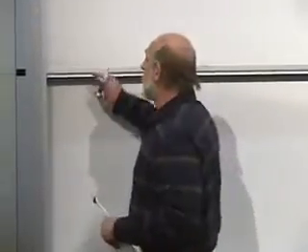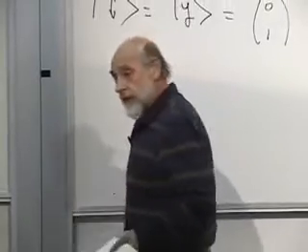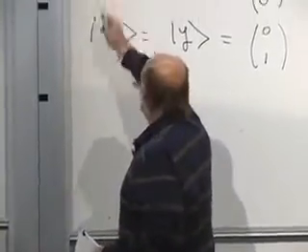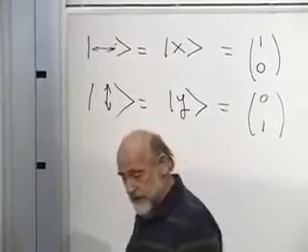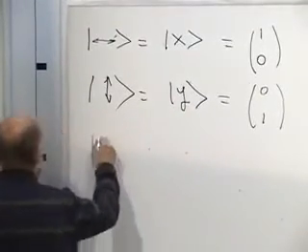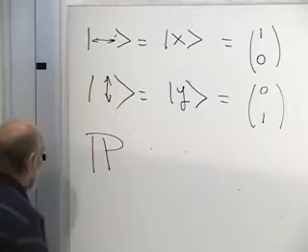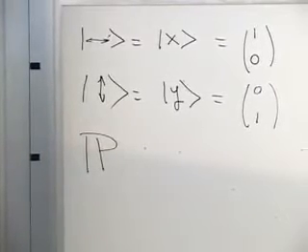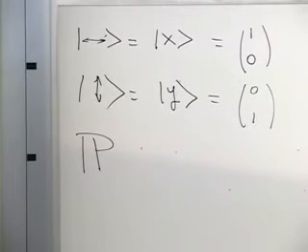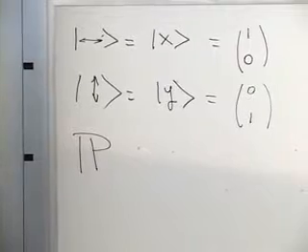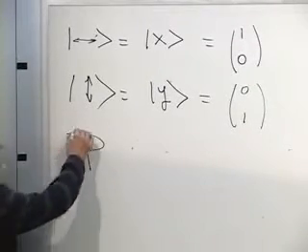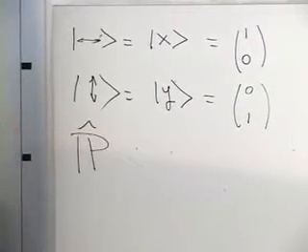Let's define an observable quantity by the following rule. If the photon is horizontally polarized, we're going to write this funny P here, which represents polarization, and it's going to represent an operator. It's our operator which will represent the polarization of the photon.